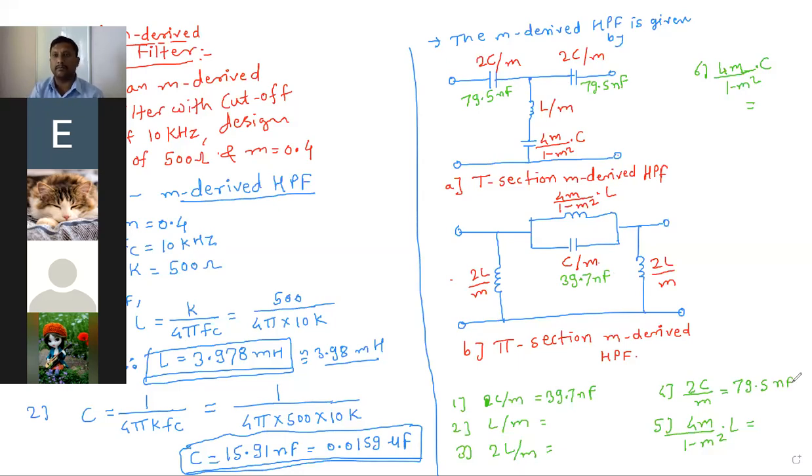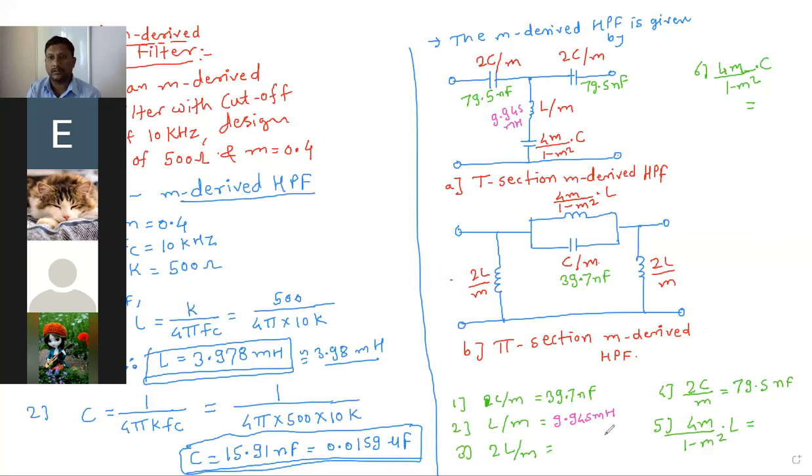Now next, L by M. L by M is 9.945, correct? Yes. 9.945 millihenry. So L by M here is 9.945 millihenry.